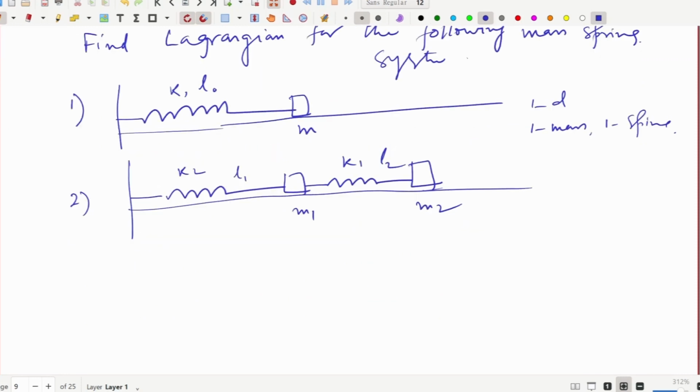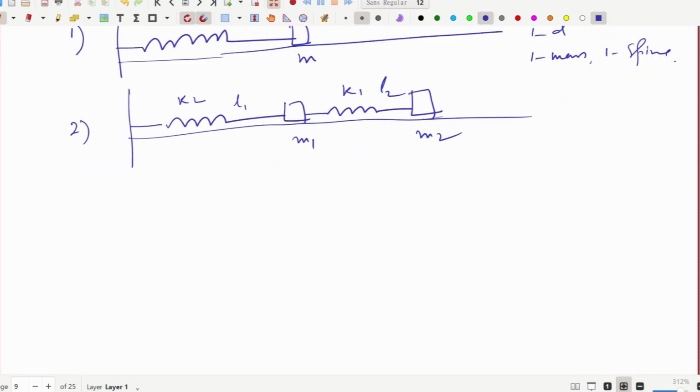Now we will solve two more problems in this class. Let me write example 3, which is related to spring.